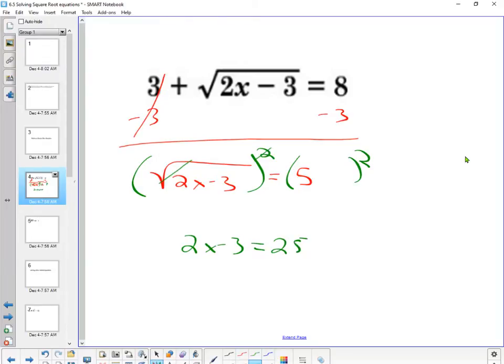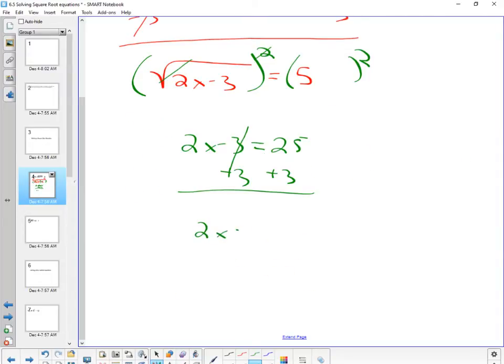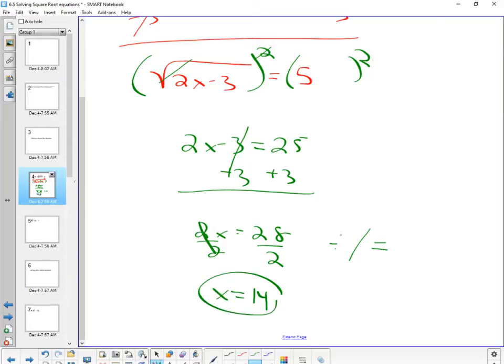And now I just have a very linear equation that I can solve. I'm going to add 3. That's going to give me 2x is 28. And then finally I'm going to divide by 2 using my division property of equality. Beautiful. Can't forget those things, guys. But there we are.